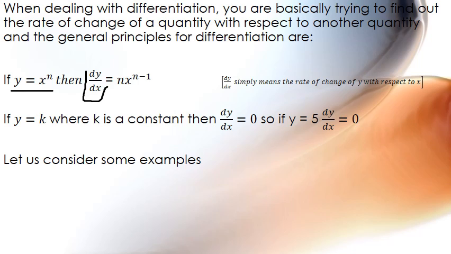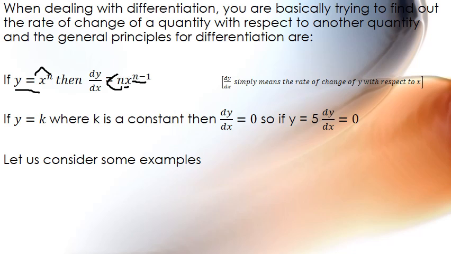So if y equals x raised to the power n, then dy/dx will be equal to n, which comes down from here, multiplying x raised to the power n minus 1.